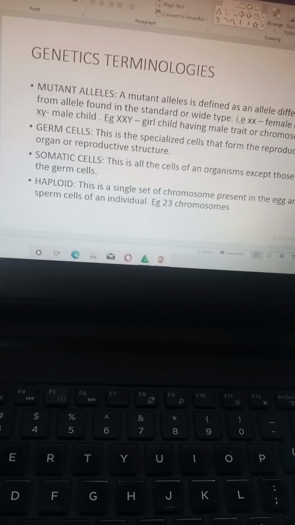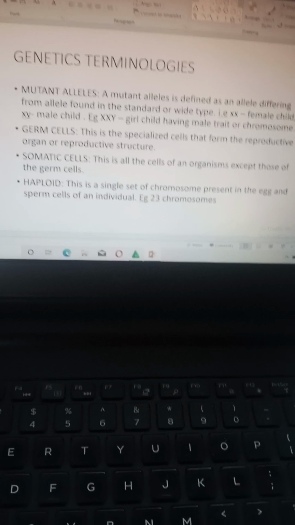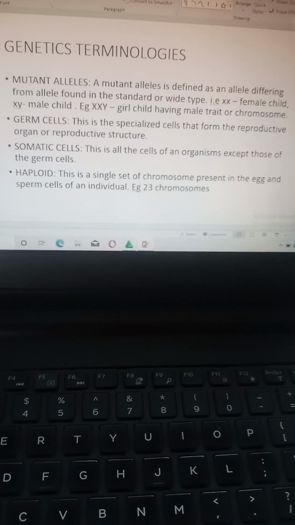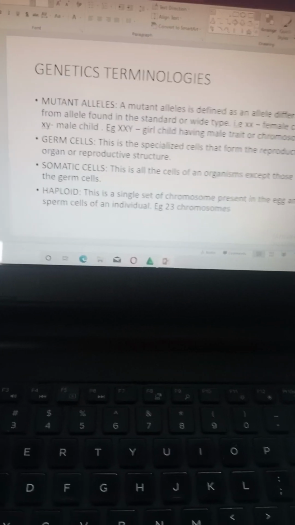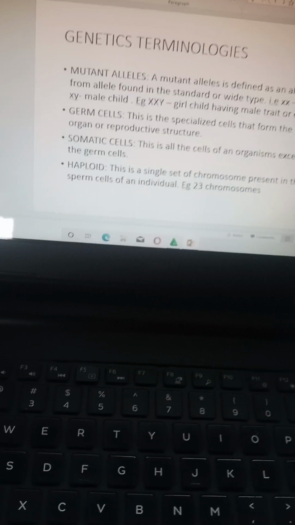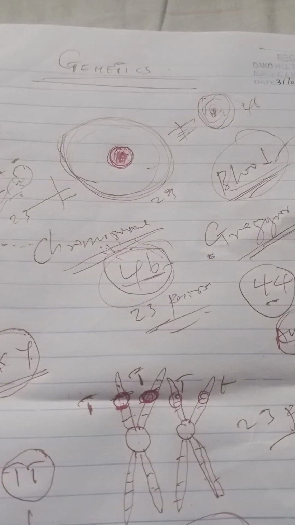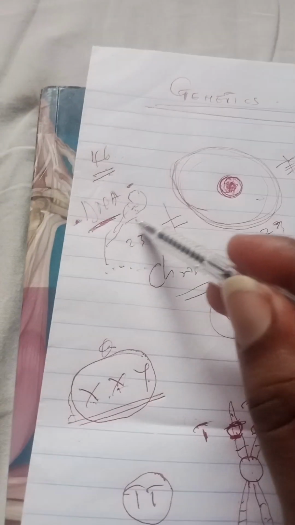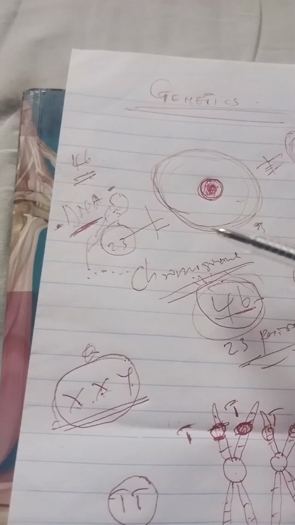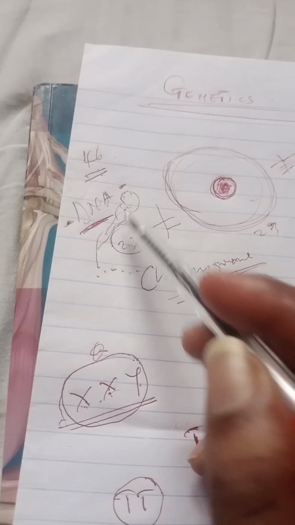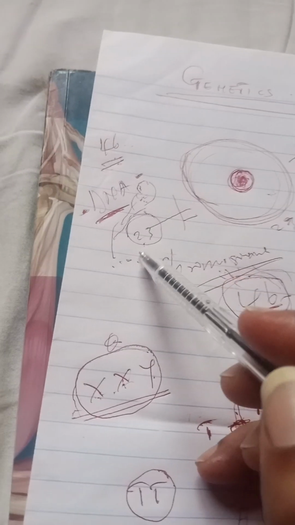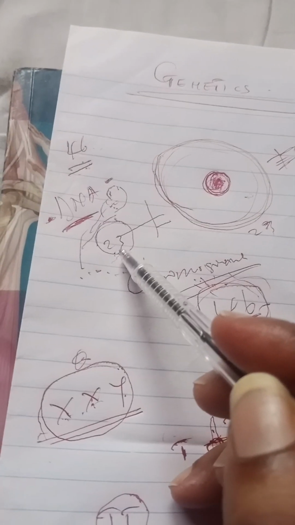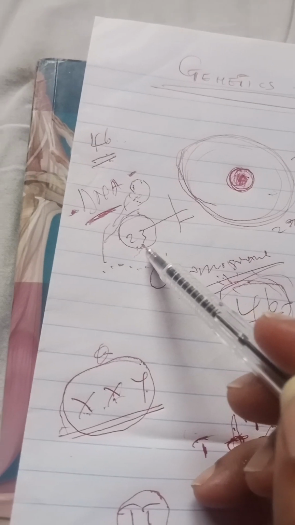You know that is what mitosis is all about, different from meiosis, which is for reproduction. Then we have another word here, which is haploid. Haploid is a single set of chromosomes present in the egg and sperm cells of an individual. An haploid number is the 23 that I earlier talked about: the sperm cell is 46, but by meiosis it is reduced to 23 chromosomes.